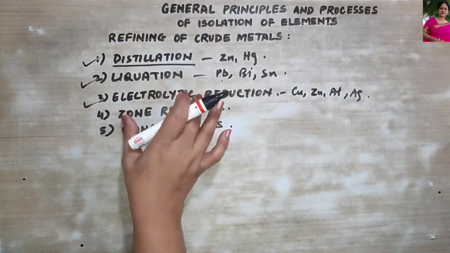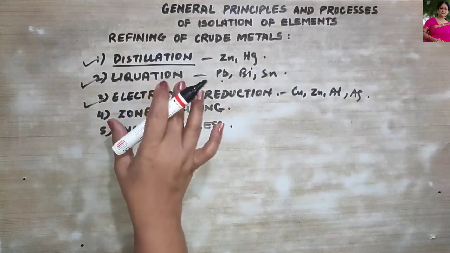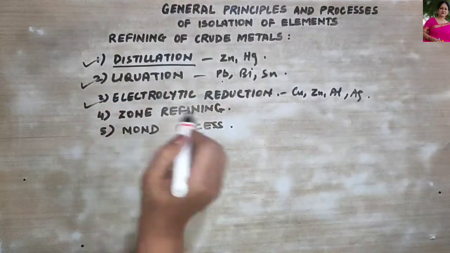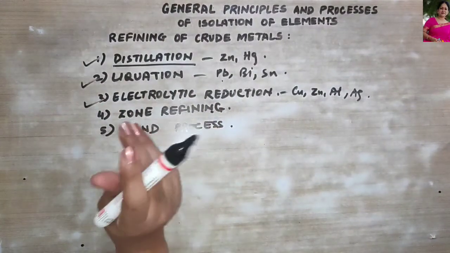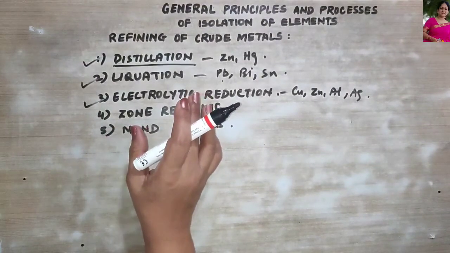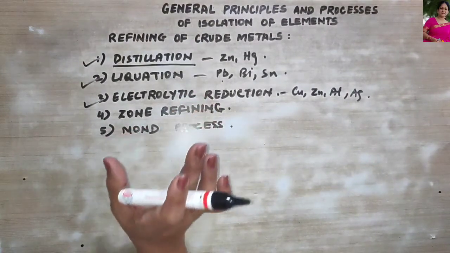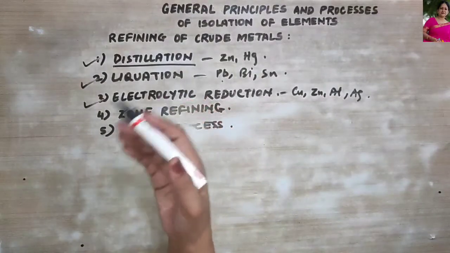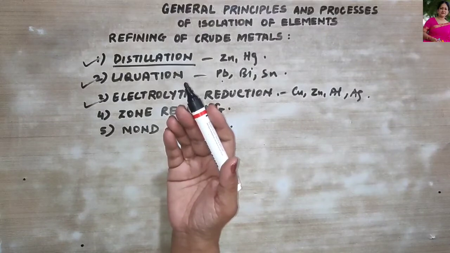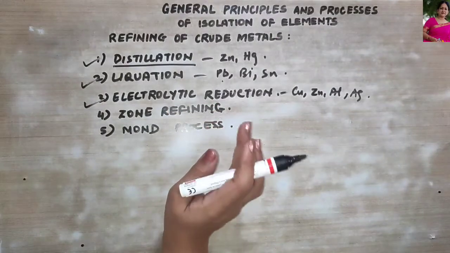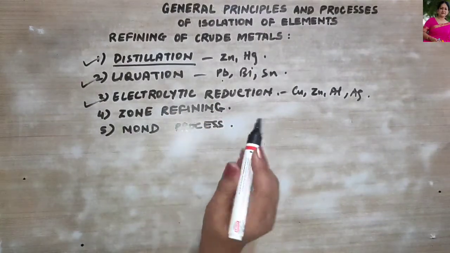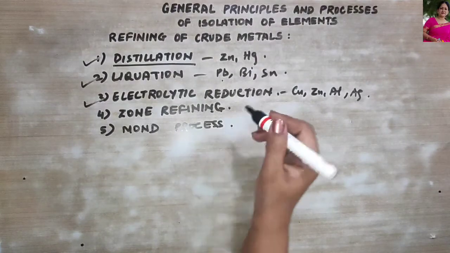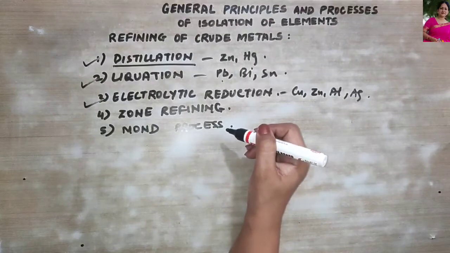That is why the impurity is more soluble in the molten metal. So in the zone refining method, the impurities are more soluble in the molten state than in the solid state of the metal. For example, metalloids of high purity can be purified by this zone refining process. Clear?